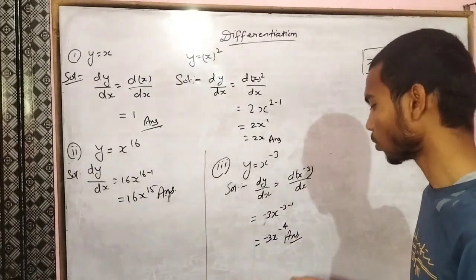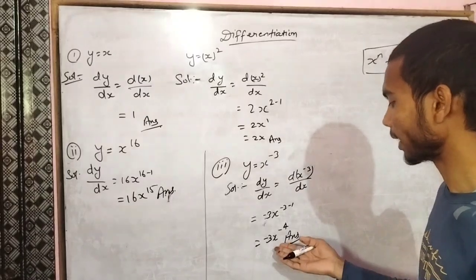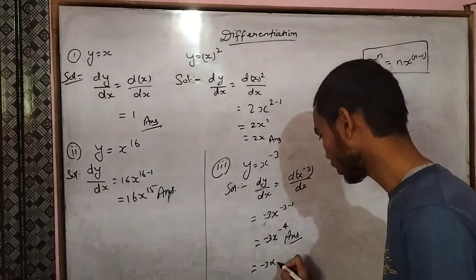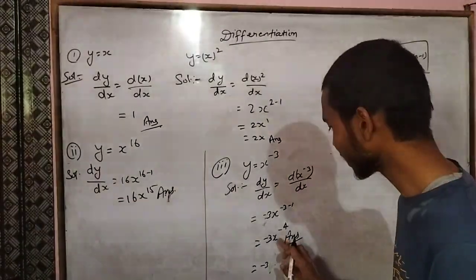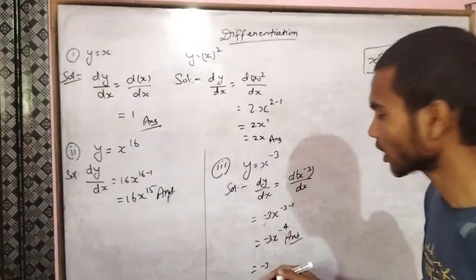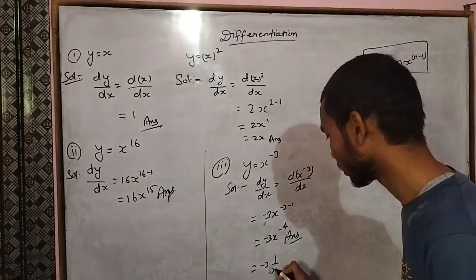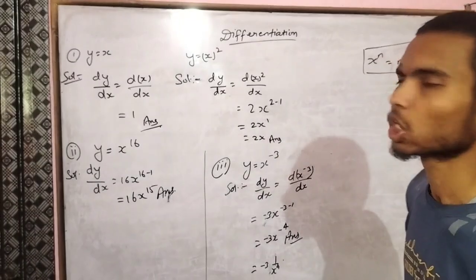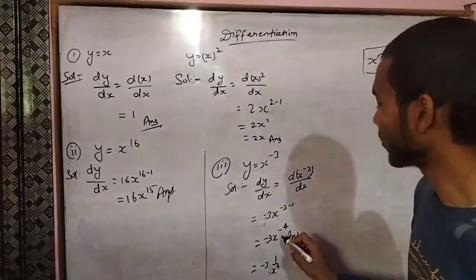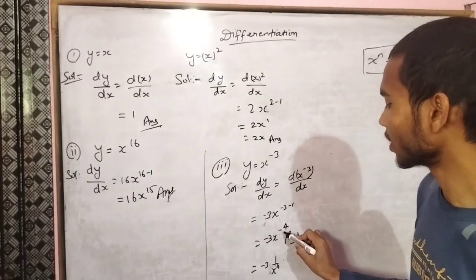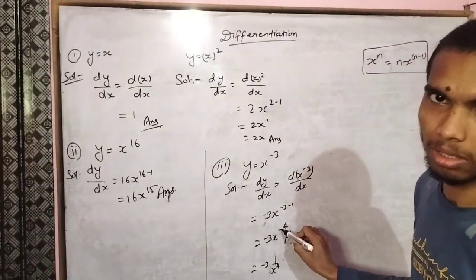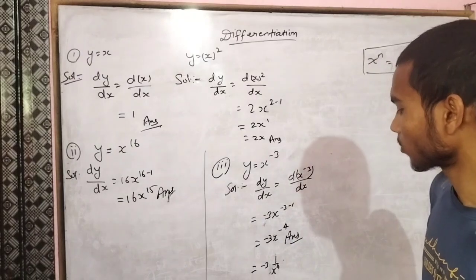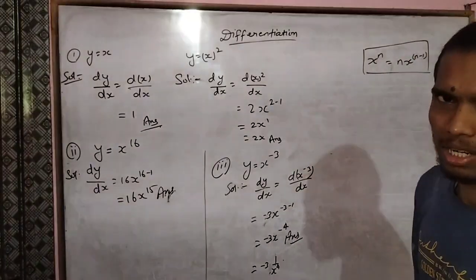If you want to solve ahead, then you can write minus 3, and then x raised to the power minus 4. This is also your answer. We just converted the operation into positive, and we didn't change our answer.